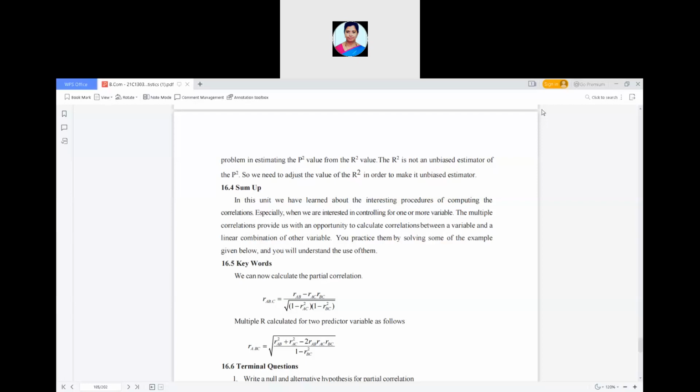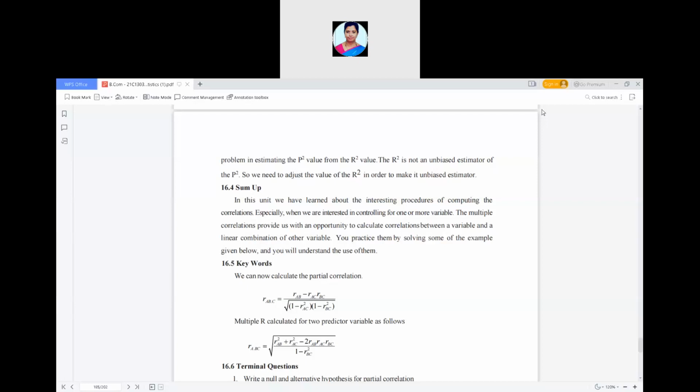Multiple correlation provides an opportunity to calculate the correlation of a variable with the linear combination of the other variables also. We can practice that problem in the terminal questions, so we can understand.